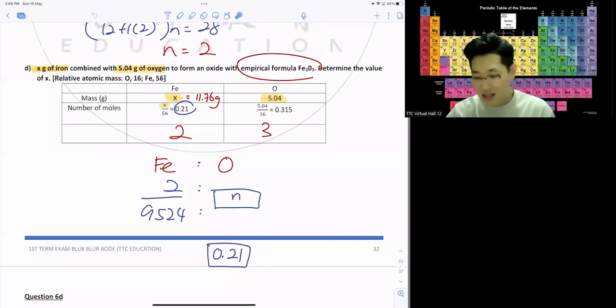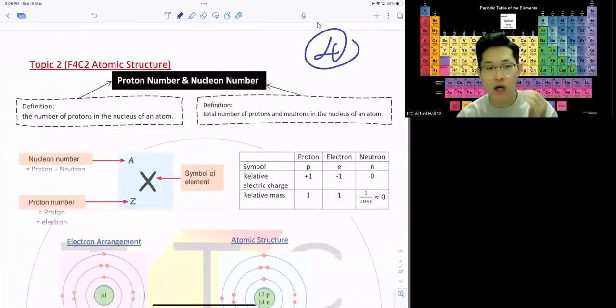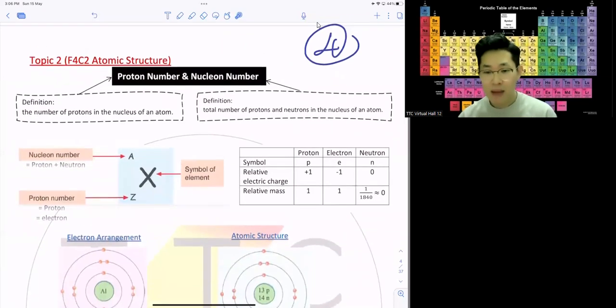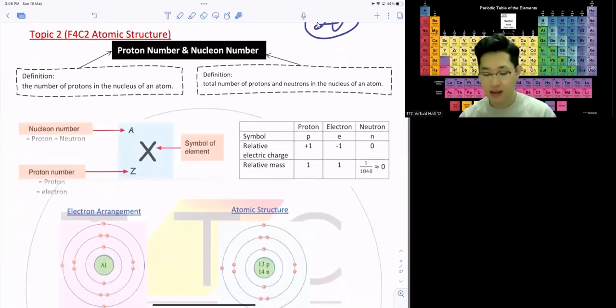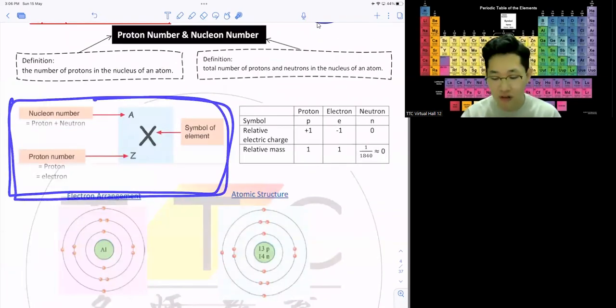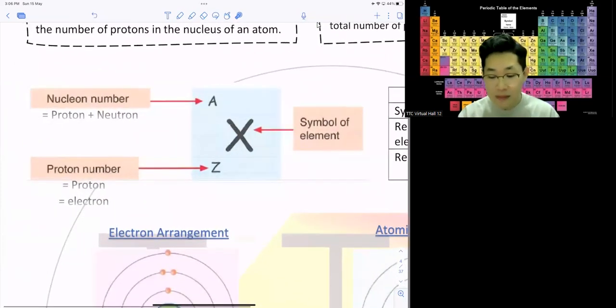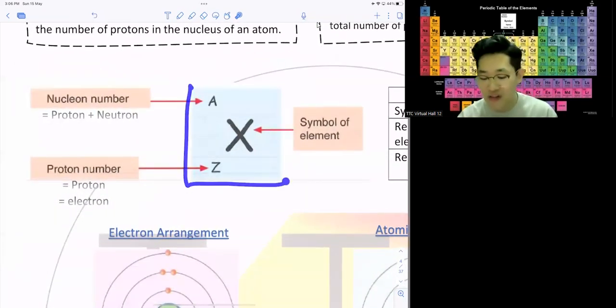So here, in page number 4, we want to go through a little bit about chapter 2. Yeah, the slightly easier chapter, very similar to your form 1. In page number 4, do you know the name of this format? We can present the information of an atom in this form.